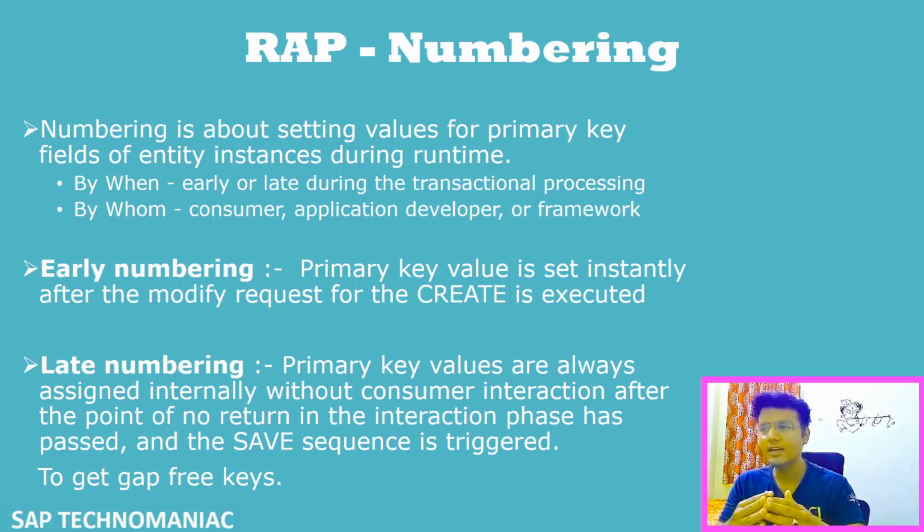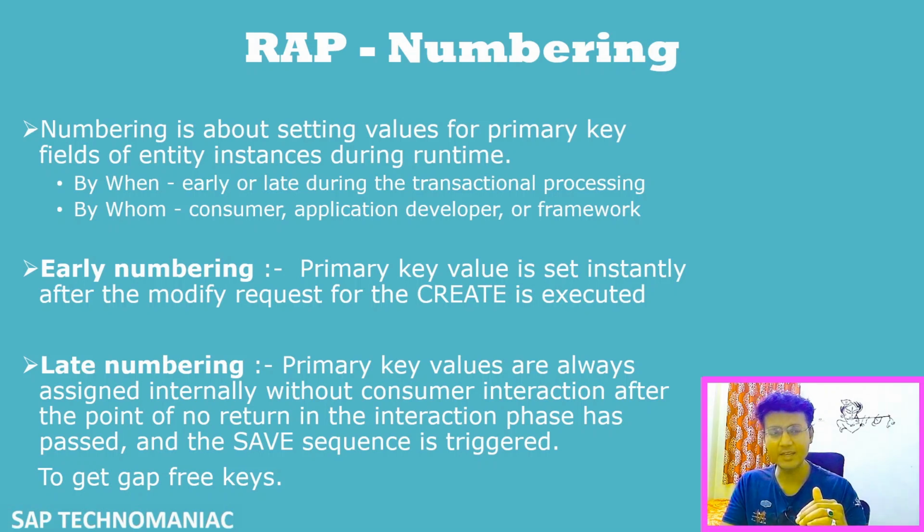So the numbering is divided into two parts, early numbering and late numbering. In early numbering, as soon as the modify statement for the create EML statement executes, at that time itself the number is generated and given. That is called early numbering.